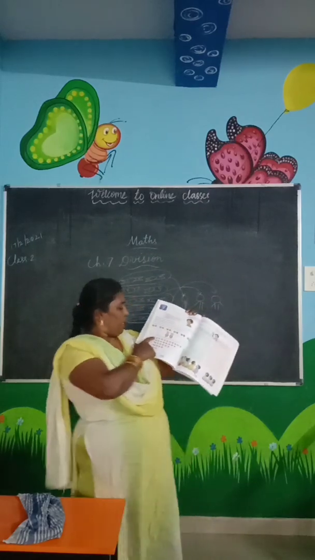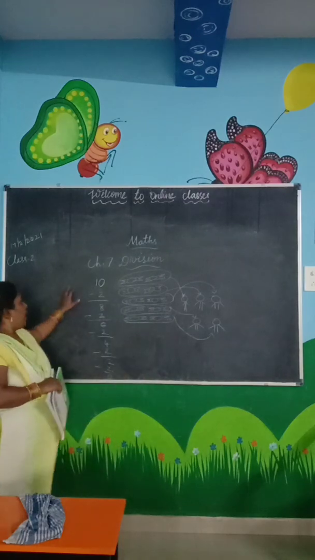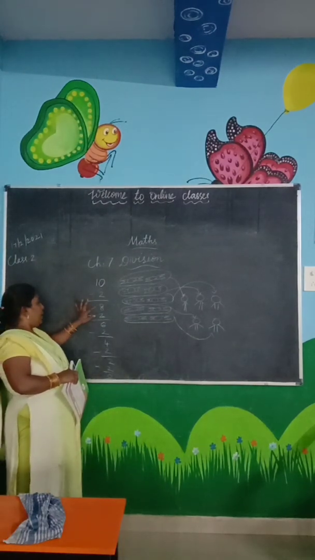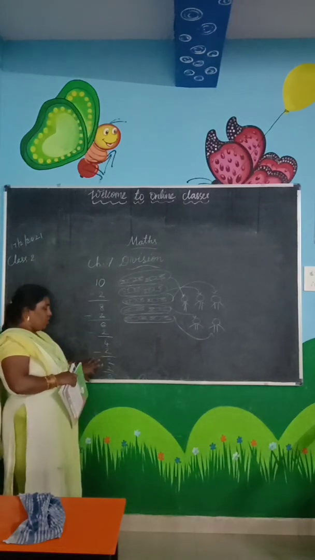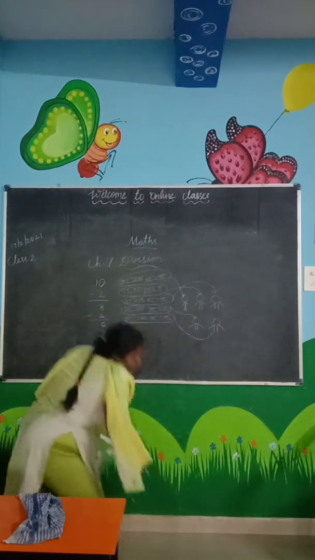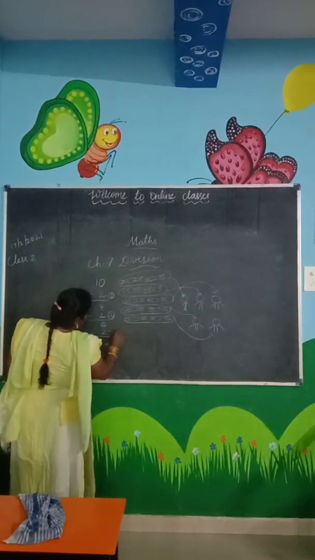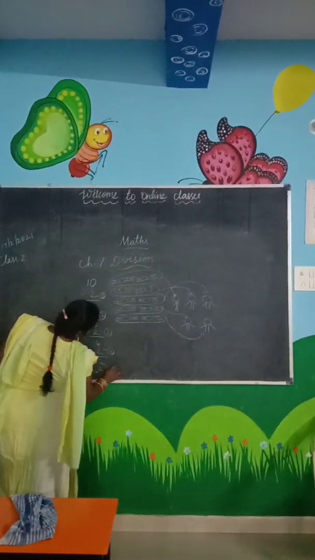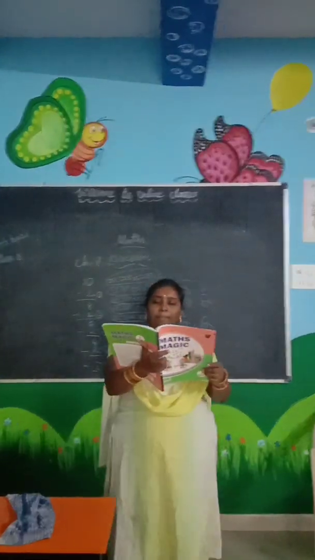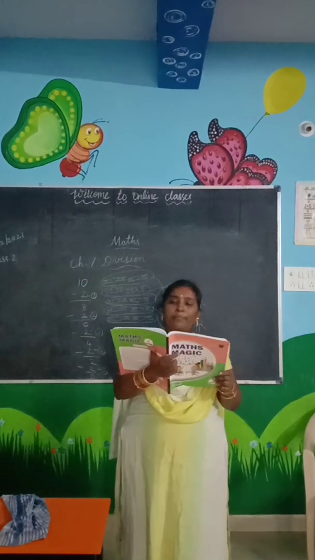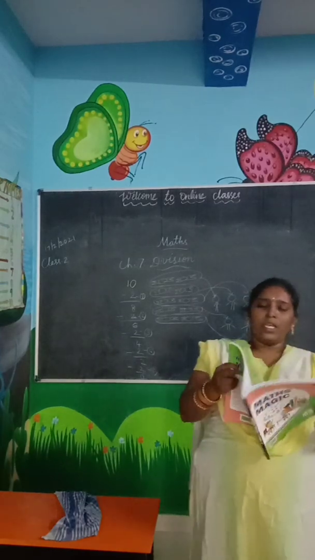See, 12 minus 2, 10. 10 minus 2, 8. 8 minus 2, 6. 6 minus 2, 4. 4 minus 2, 2. 2 minus 2, 0. So how many times did we subtract here? 1, 2, 3, 4, 5, 6 times. We count the number of times 2 has been subtracted to reach 0.